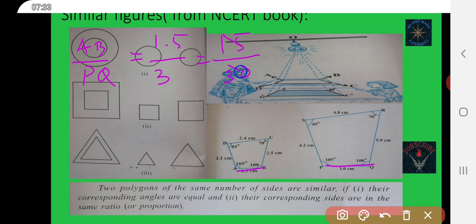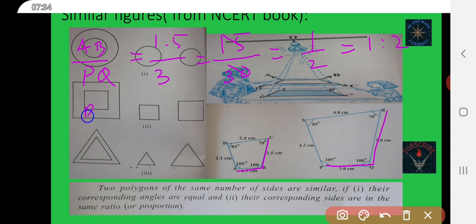If you cancel, then you get 1 by 2, that is 1:2. Now you find the ratio of BC and QR.